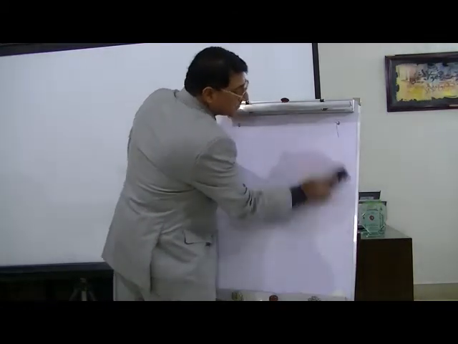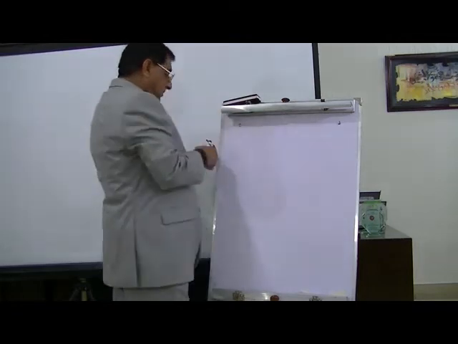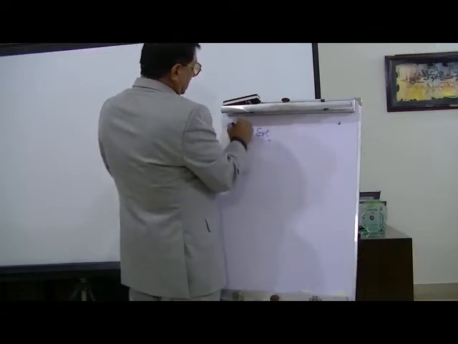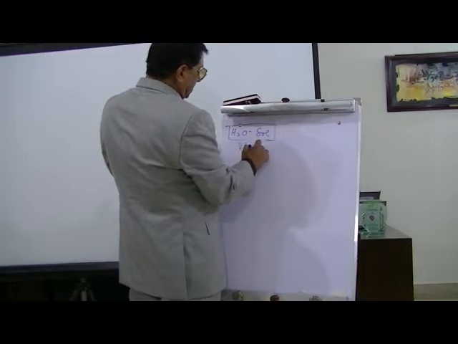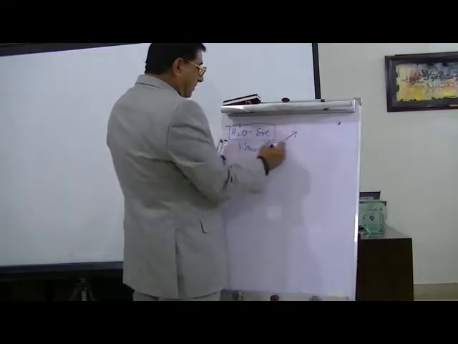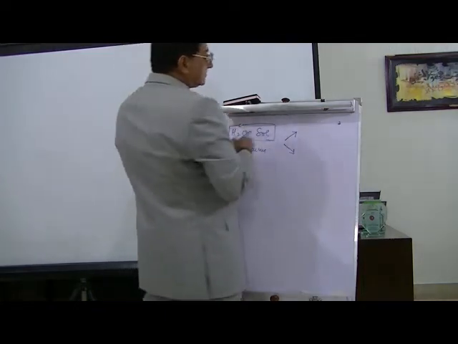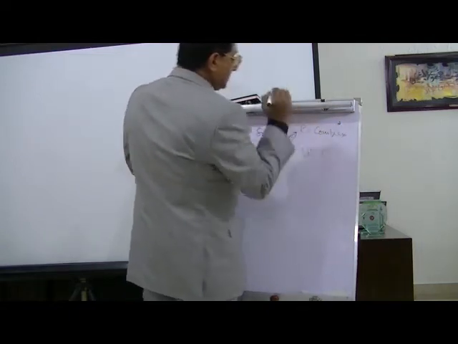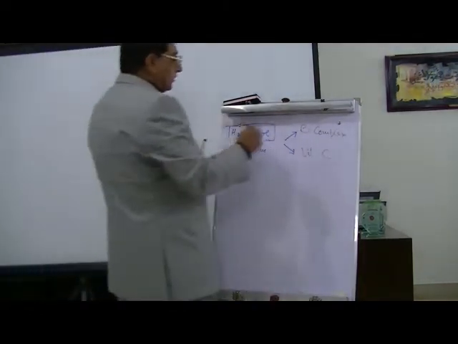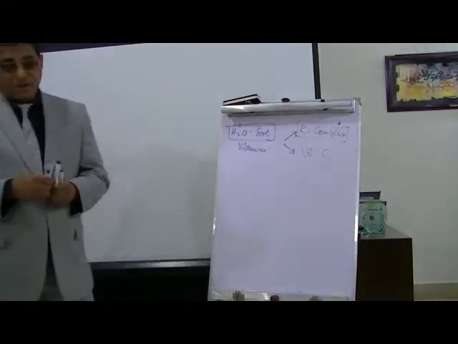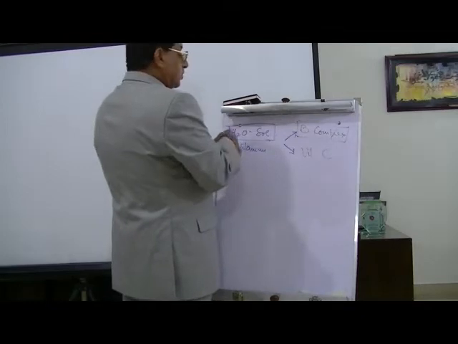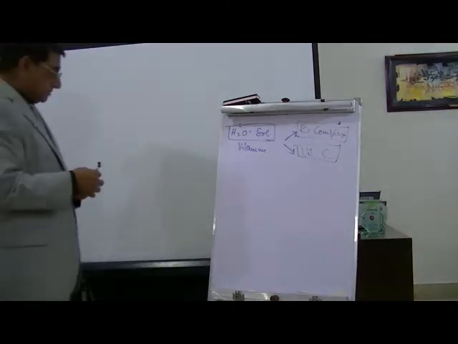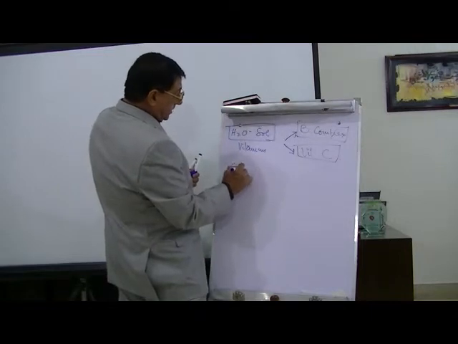These water soluble vitamins, as I told you, are B complex and vitamin C. All B complex vitamins and vitamin C. First of all, we'll pick up a B complex vitamin, then we'll talk about vitamin C. In the B complex vitamins, there are so many. I'm going to talk about B complex vitamins.